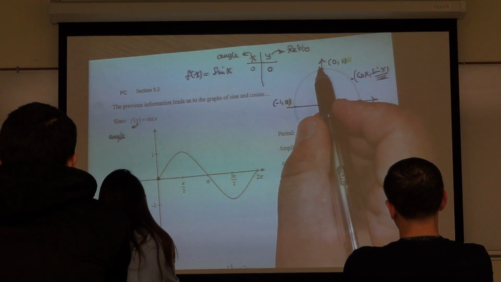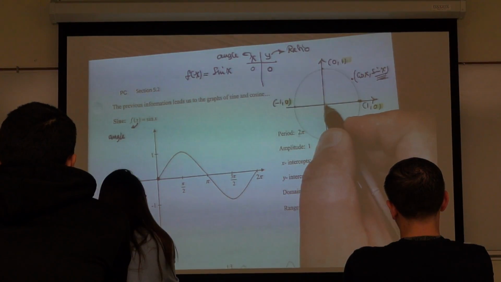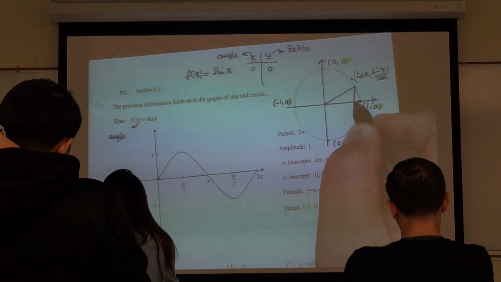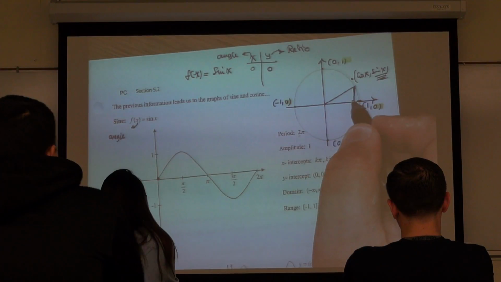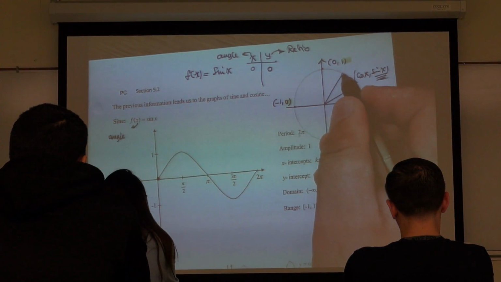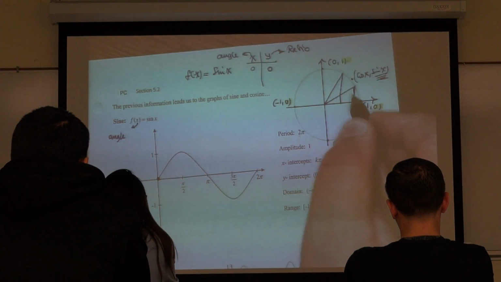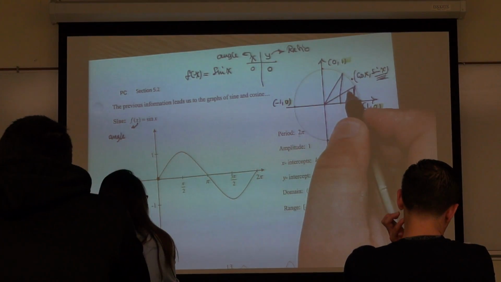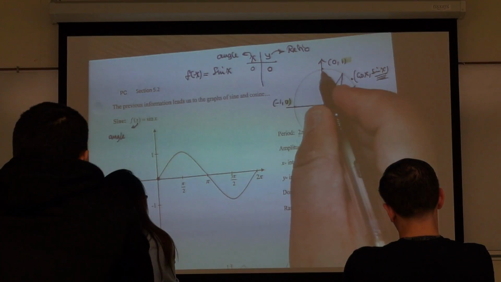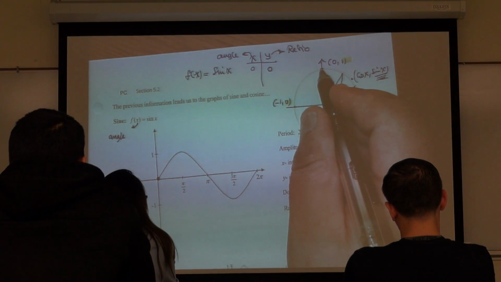Is sine increasing or decreasing? Increasing. We take an angle, that's the sine. We take a bigger angle, that's the sine. So when the angle is getting bigger, the value is also getting bigger. So we are increasing from 0 to pi over 2.